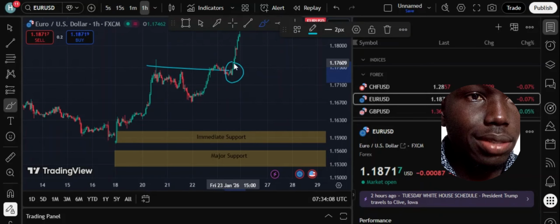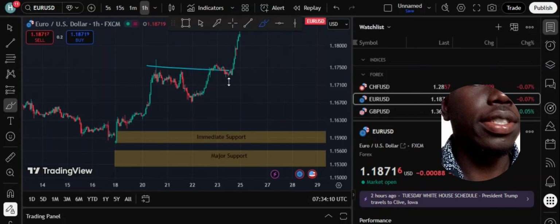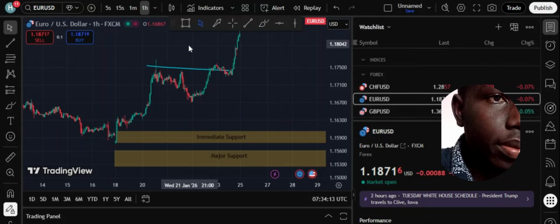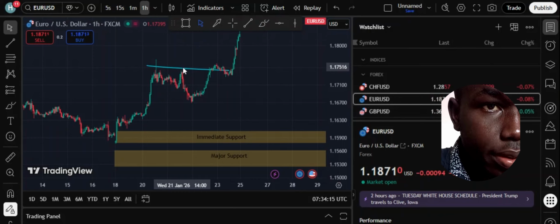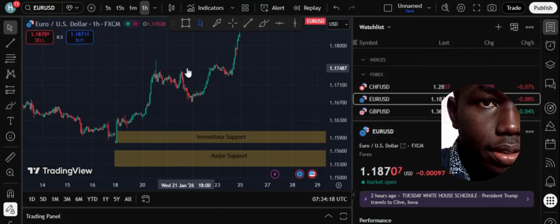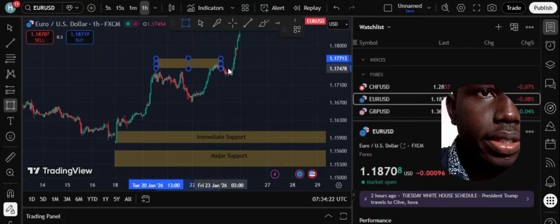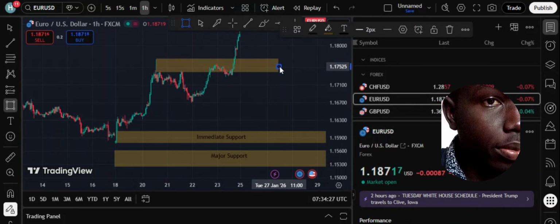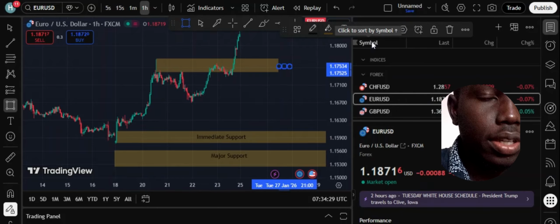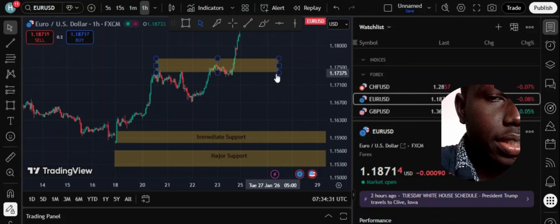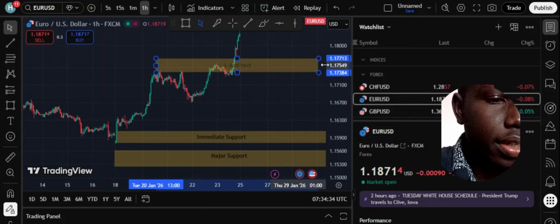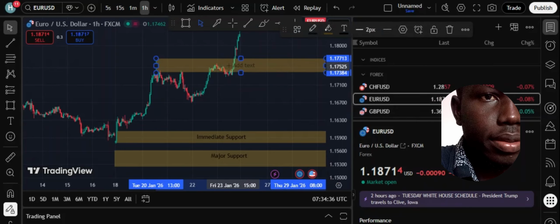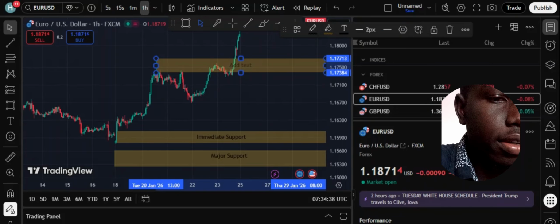We mark off our resistance from here. The market tried to respect this point at a particular moment, but afterwards it broke through, which was not a false breakout. So yes, it's going to be our immediate resistance.